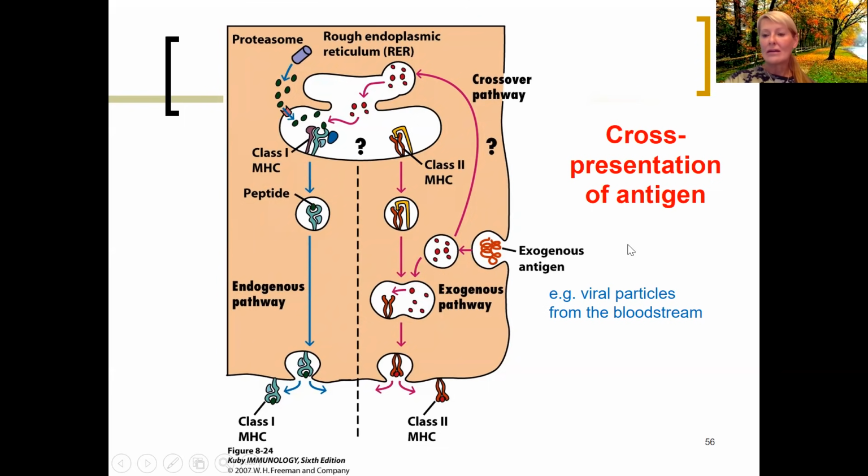But sometimes it would be really convenient to be able to get some of these peptides from this exogenous pathway into the cytosolic pathway. The reason for that is sometimes there are viral particles in fluid phase, the bloodstream, for example. And so it would be really nice if those could be loaded both on class 1 and class 2.